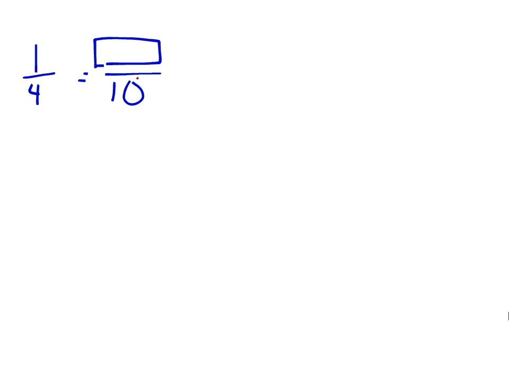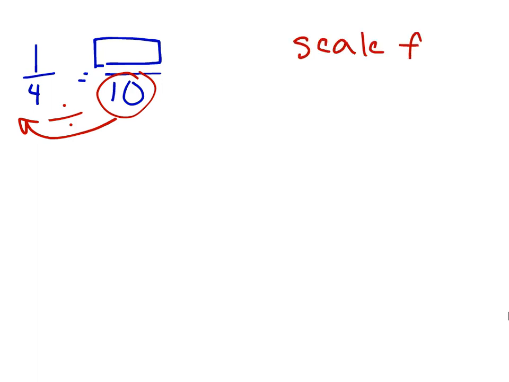So we're going to take 10, and we're going to take 10 divided by 4. This is finding out scale factor. This is the exact same thing that we did in stretching and shrinking. So we're going to take 10 divided by 4. That would give us 2.5. Now what we can do is we can take 1 times 2.5 to get this answer right here.